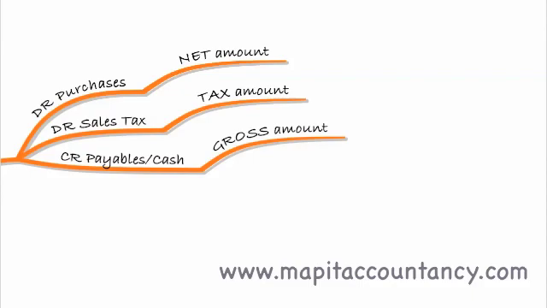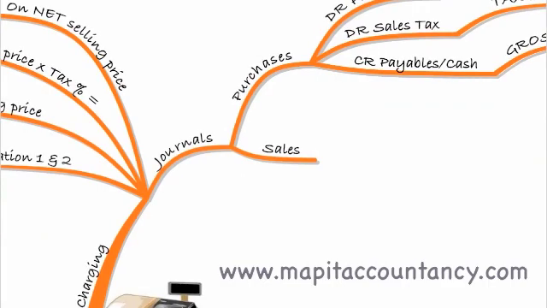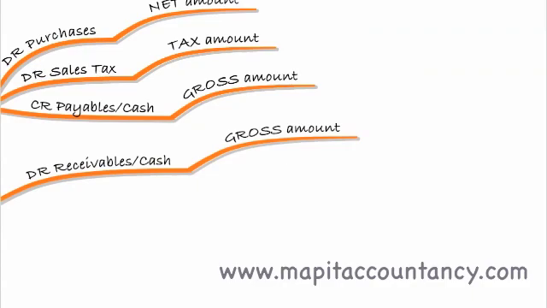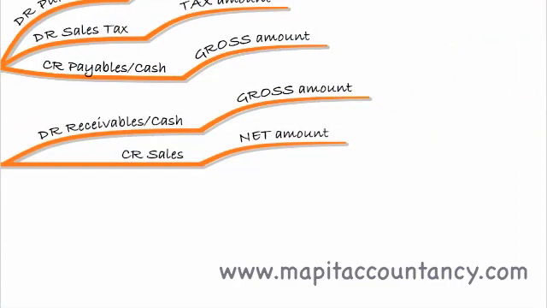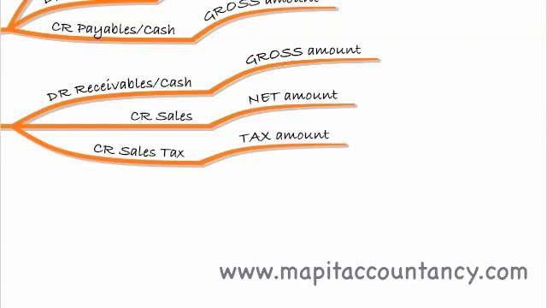When it comes to our sales, we do the same. So we debit our receivables or cash with the gross amount, depending on whether we were paid, and we credit sales with the net amount of the sale, and we credit sales tax with the tax amount. So that's how we record purchases or sales that include sales tax.